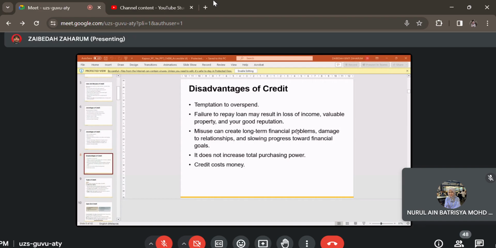Di mana tadi bila dia kata temptation to overspend, dengan orang kata availability of credit card ataupun loans tadi, individual may be inclined to make purchase beyond their means, leading to the accumulation of debt that can become difficult to manage. Maknanya bila you ada credit card, you berbelanja lebih daripada apa yang you mampu. You berbelanja lebih lah.